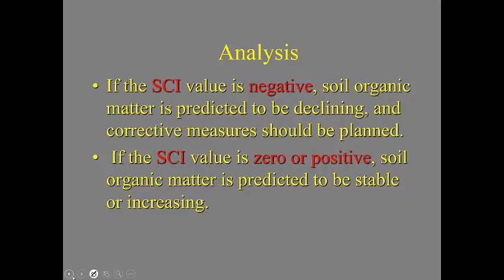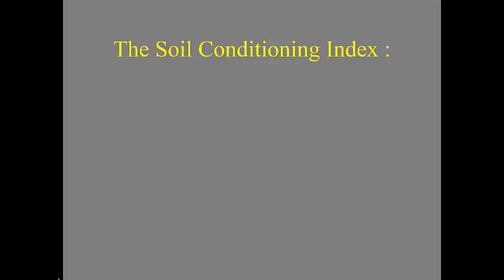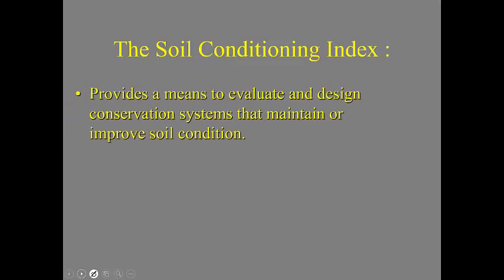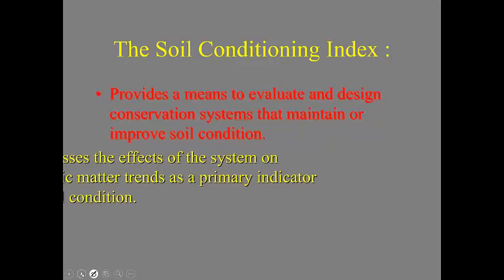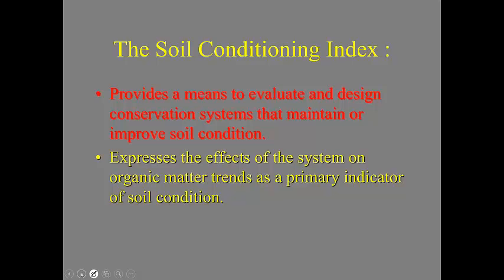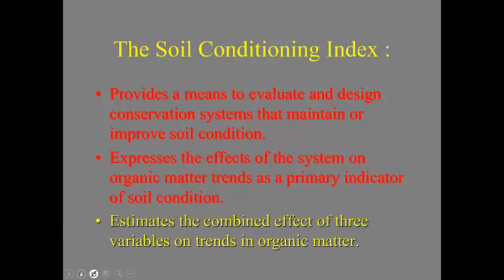Just as a side note, whenever you have a number that goes from -2 to +2, that's where the tool is most accurate, according to the database managers. Okay, so again, it's an indication of what we expect to have for organic matter, whether we are trending up or trending down.